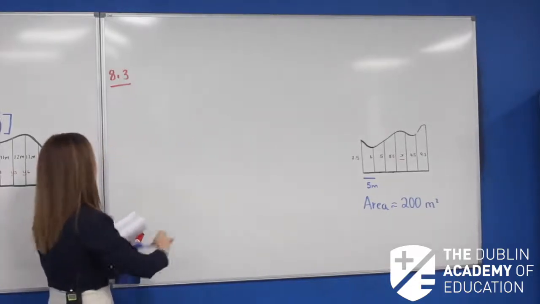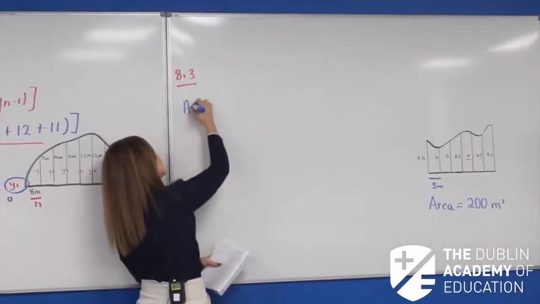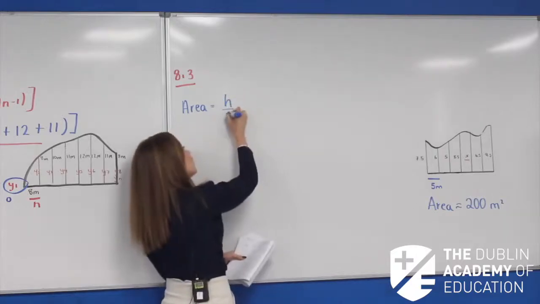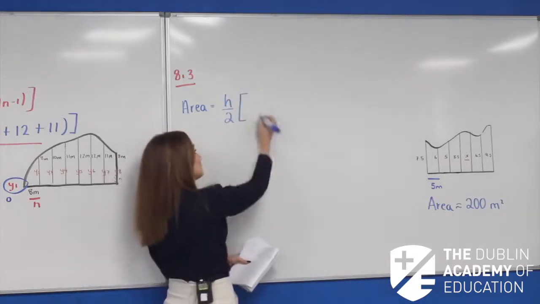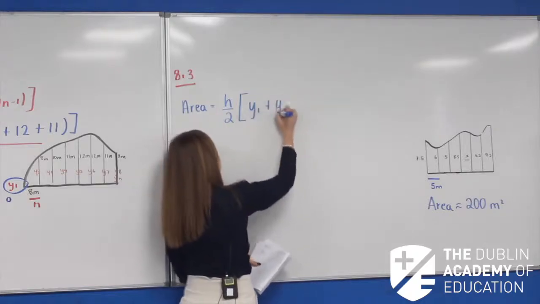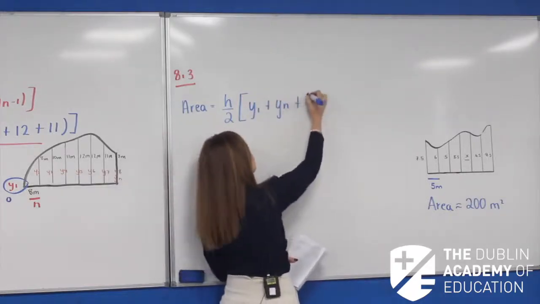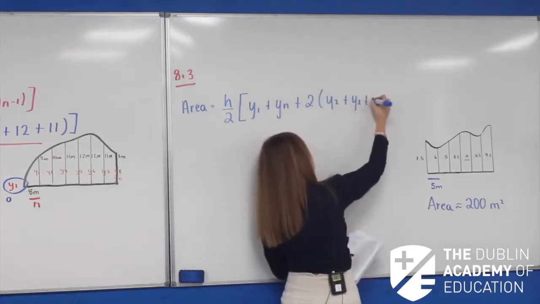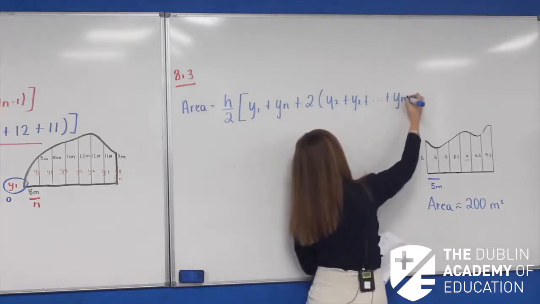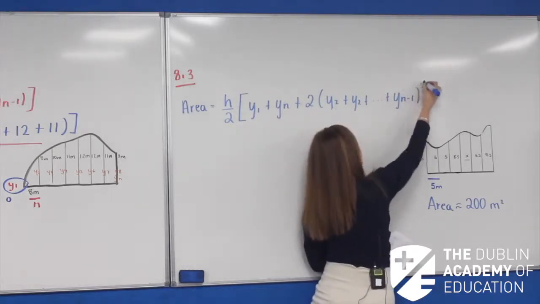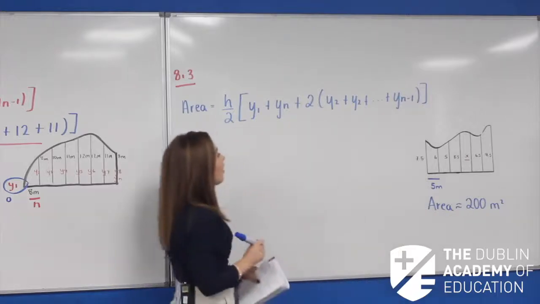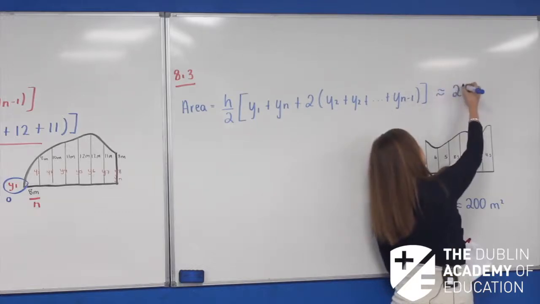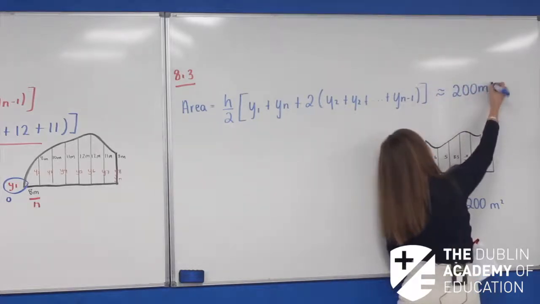Here, for the word area, the area using our rule is h over 2, square bracket, y1 plus yn, plus 2 times y2 plus y3 plus dot dot dot plus my second last term yn minus 1, close my brackets. Now I know when I fill that in, that's going to equal 200 meters squared.